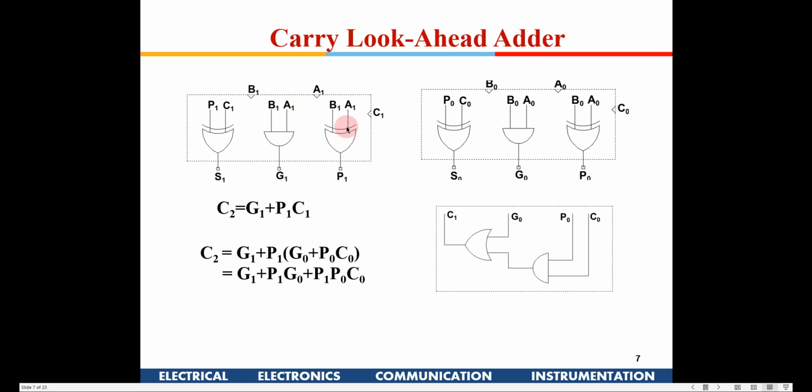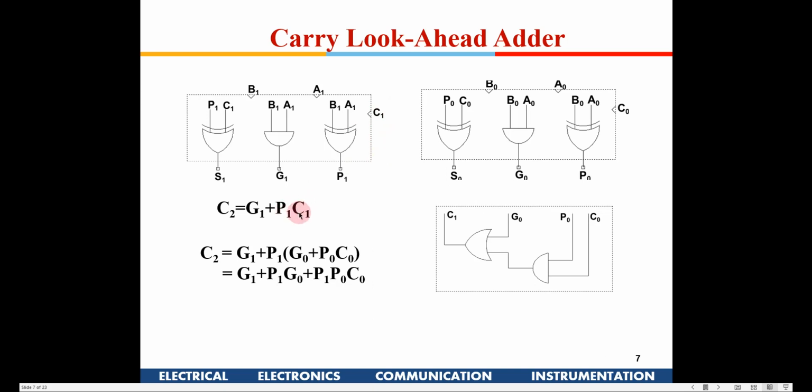If both are zeros, obviously there is no carry. If only one of them is 1, then I have this propagate, and then the carry depends on C1, which is coming from the previous stage. So I can write P1 C1, right?